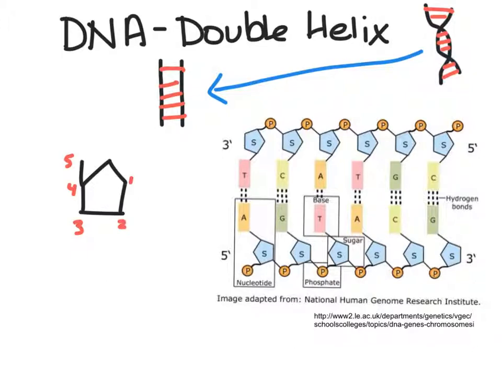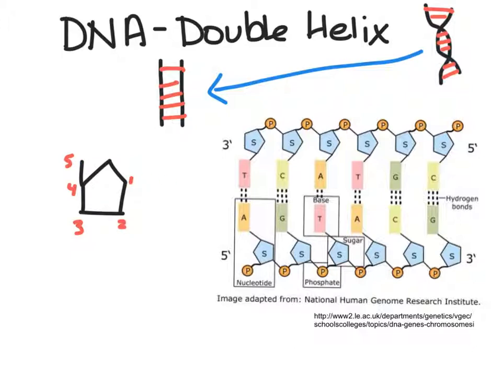Where do we get those numbers from? If you remember, the nitrogenous base is attached to the 1 carbon, and attached to the 5 carbon is the phosphate molecule. So our deoxyribose sugar had 5 carbons, carbon number 1, 2, 3, 4, and 5.